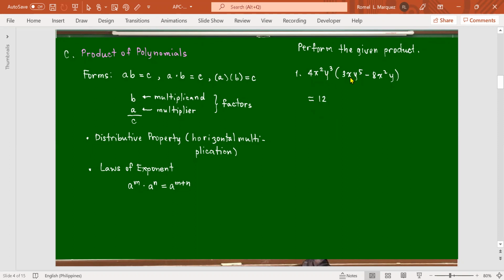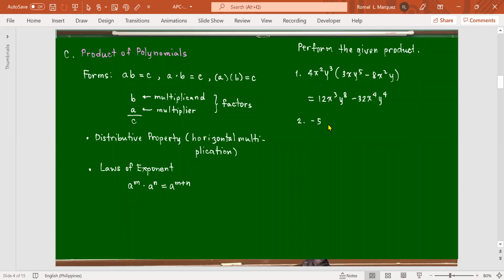X squared times x, that is x cubed. Y cubed times y to the 5th, y to the 8th. Can you follow, guys? 4 times negative 8 is negative 32. And then x to the 4th, y to the 4th. Okay? What about number 2?